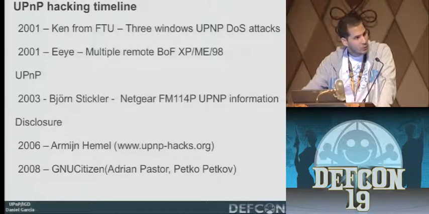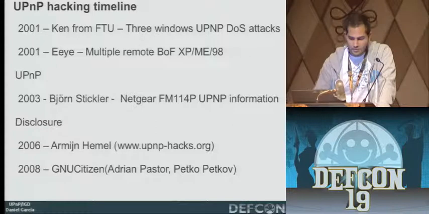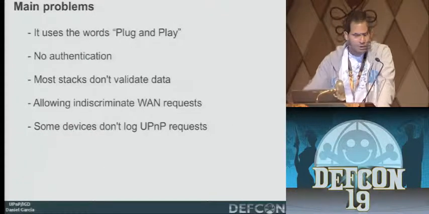It basically relied on the internal clients of a network sending SOAP through JavaScript. The purpose of that was opening the web administration port of clients that access sites and such. So, what are the main problems of UPnP?